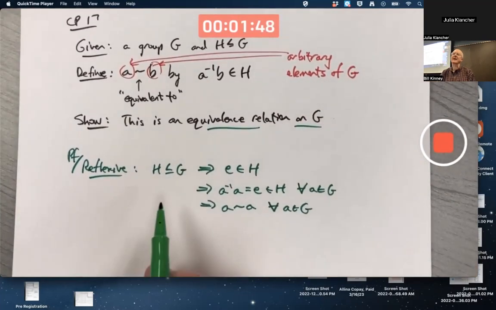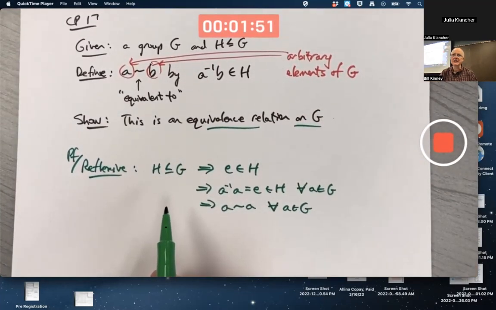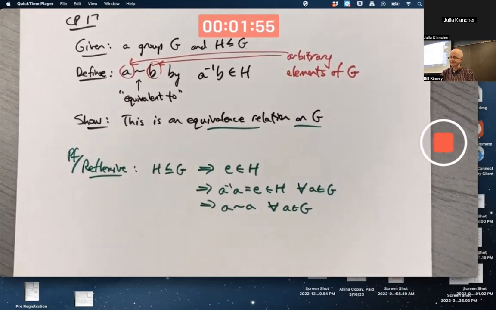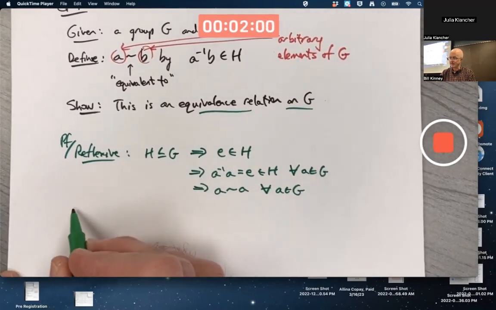Probably would have been better to start that out saying, give me an arbitrary A in G, and then show this. So that verifies the reflexive property for an equivalence relation.